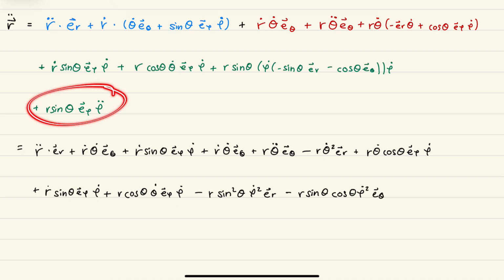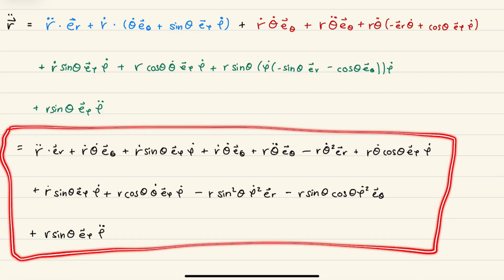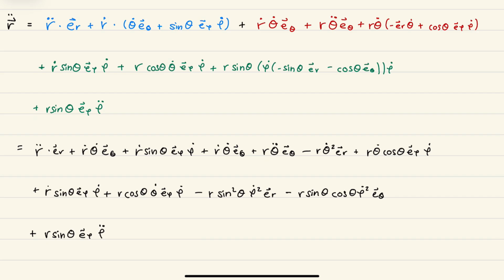And lastly, this one right here, plus r sine theta e phi phi double dot. So this thing right here, it looks horrible, but this is in fact the result for the acceleration in spherical coordinates. What we can now do is dissect this thing into its components.